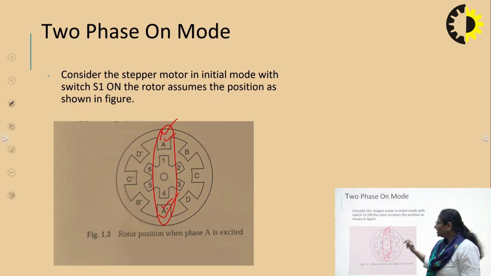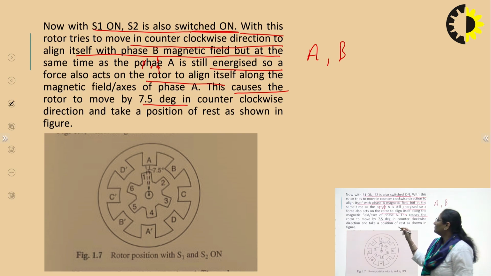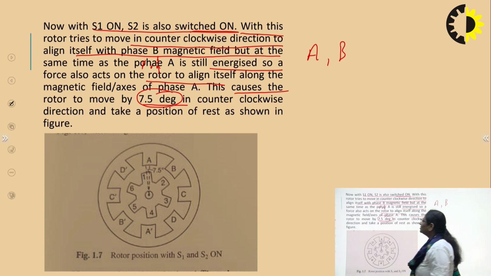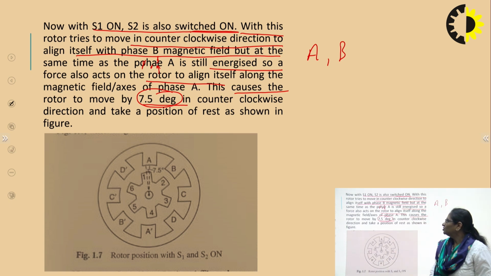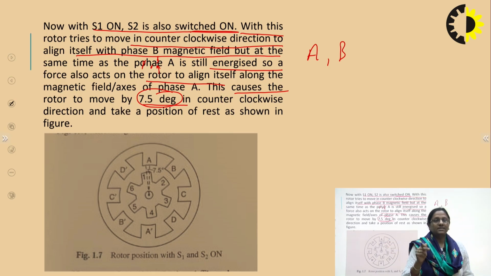So with respect to this reference position of rest, the angle by which the rotor moves here is 7.5 degrees, and the rotor is moving in the counterclockwise direction to take a position of rest as shown in the figure. Remember, this is the movement of the rotor from its reference position of rest, right?